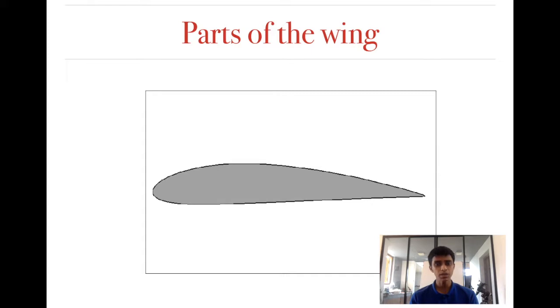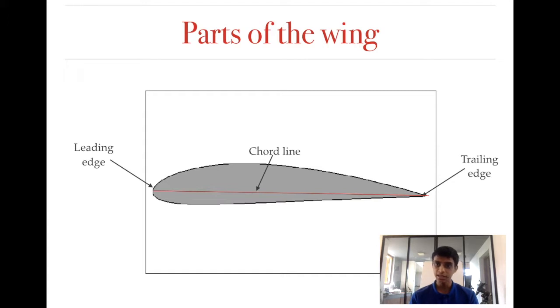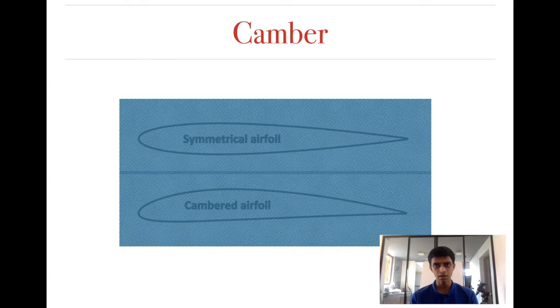The front edge of the wing is defined as the leading edge, and the backward edge of the wing is defined as the trailing edge. If you join the leading edge to the trailing edge by a line, this line is called the chord line. Okay? So remember these terms: the leading edge, the trailing edge, and the line joining them, called the chord line. Right. So that being said, let's take a look at camber.